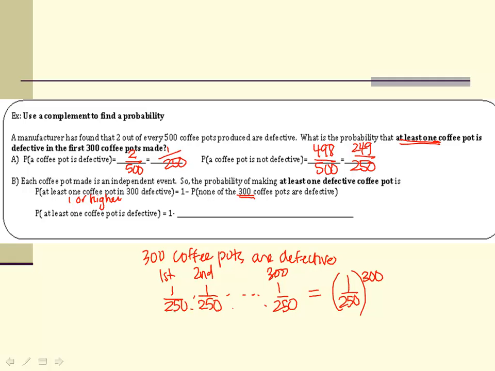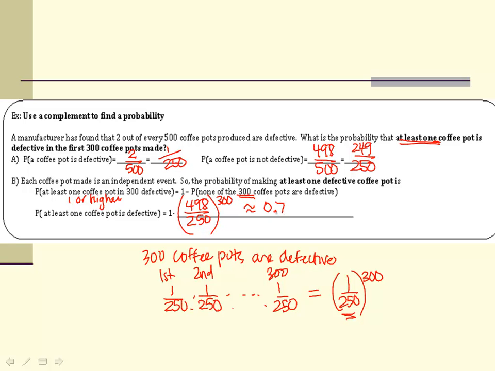So if I'm looking at this complement idea, we want to know the probability that 300 coffee pots are not defective. So instead of using the 1 out of 250, I'm going to use the 249 out of 250. And because I'm talking about 300, I'm going to raise that to the 300th power. What you end up getting is approximately, I think it's 0.7, and I don't know rounding wise where it is.